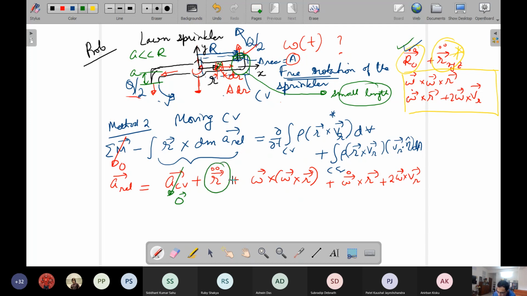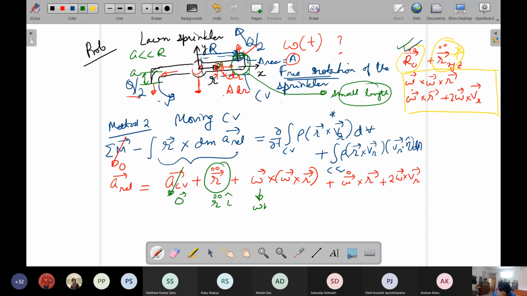R double dot is the acceleration of the fluid relative to the control volume, and this is basically R double dot i, along the x direction, at least at this instant.